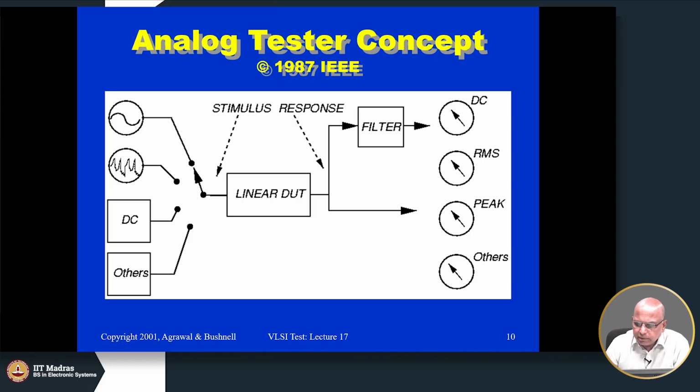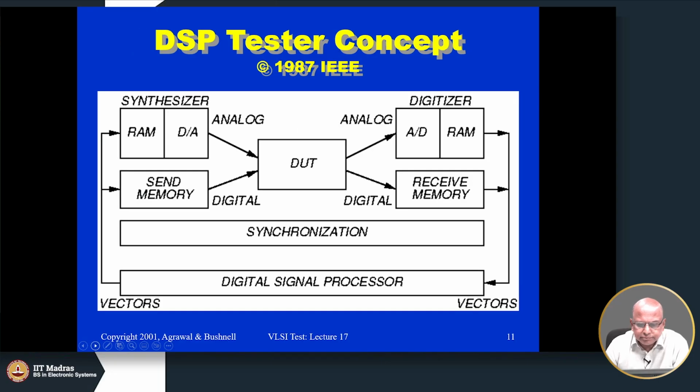Okay. And you may be interested in measuring the DC value in the output or the RMS value of the output, peak value of the output. So, it is mostly measurements, and based on these measurements we try to check whether this part is worth keeping or discarding. Okay.